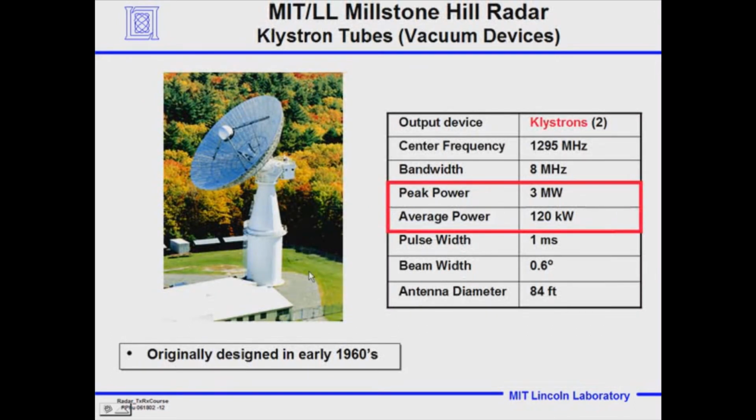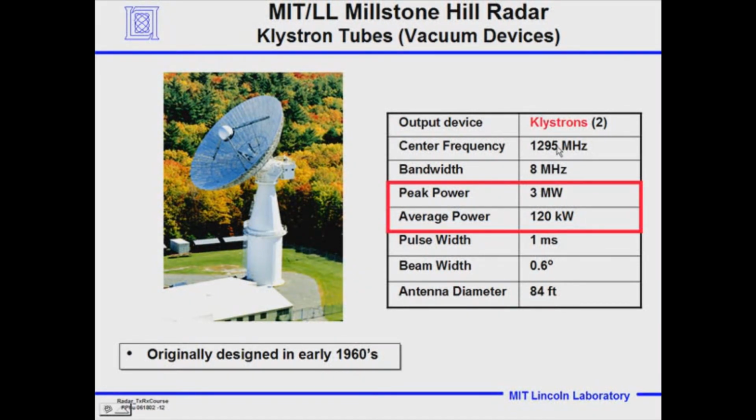Okay. Now, first I'd like to show you an example of a tube radar. This particular radar is at Millstone Hill in Westford, Massachusetts. It was designed in the early 1960s, and it uses a couple of Klystrons, two of them, and it operates at L-band.